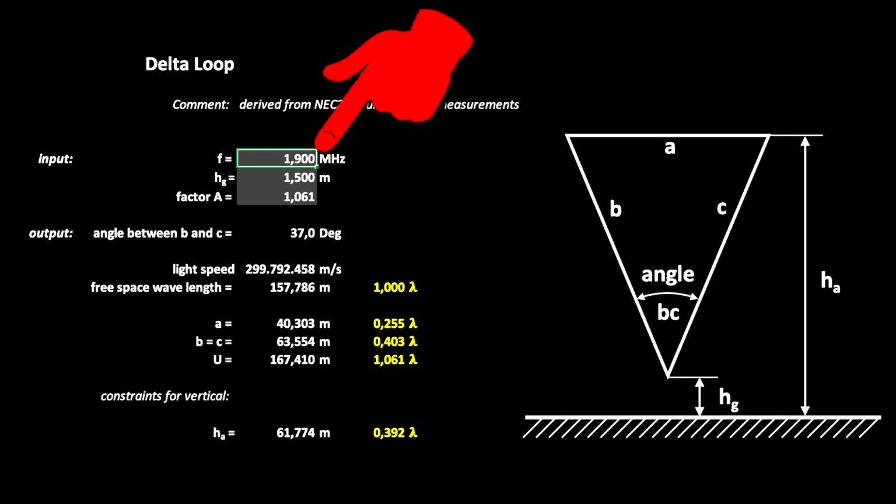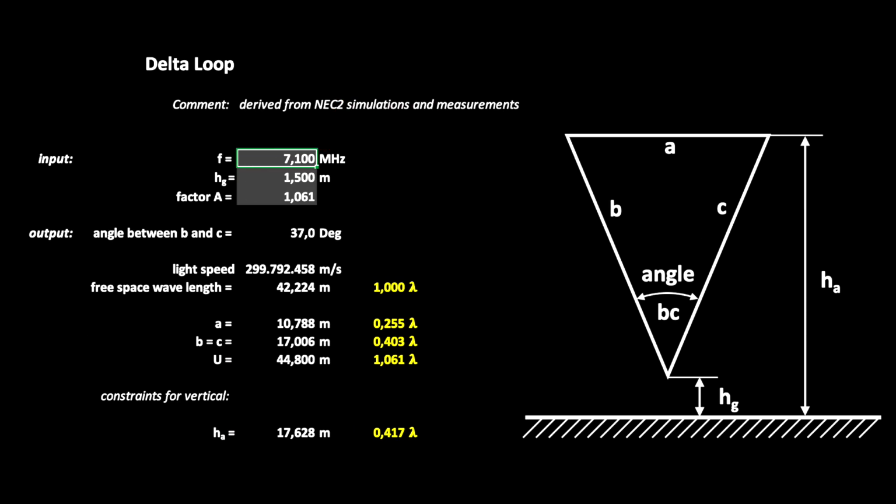First, we look at the amateur radio bands, 160 meter, 80 meter, 40 meter and so on, up to the 23 centimeter band.